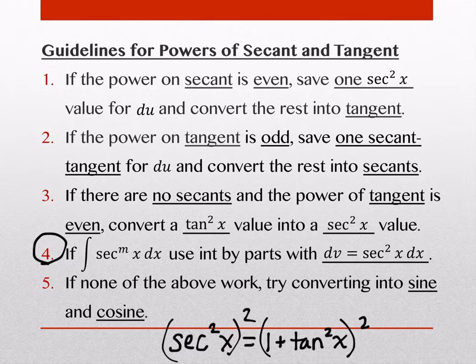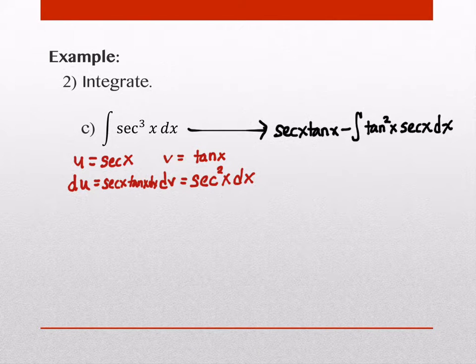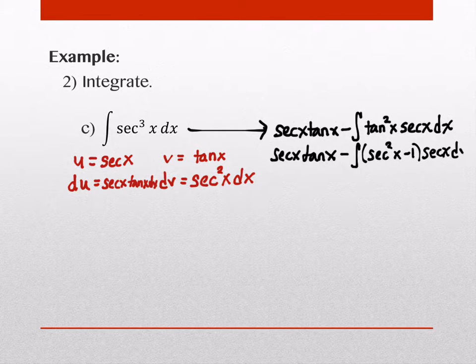And we know that tangent squared is secant squared minus 1, right? So let's stick that in as our next step and see what happens. So the secant x tangent x is at the beginning. Then I have minus the integral, and this is secant squared of x minus 1 times the secant of x dx.